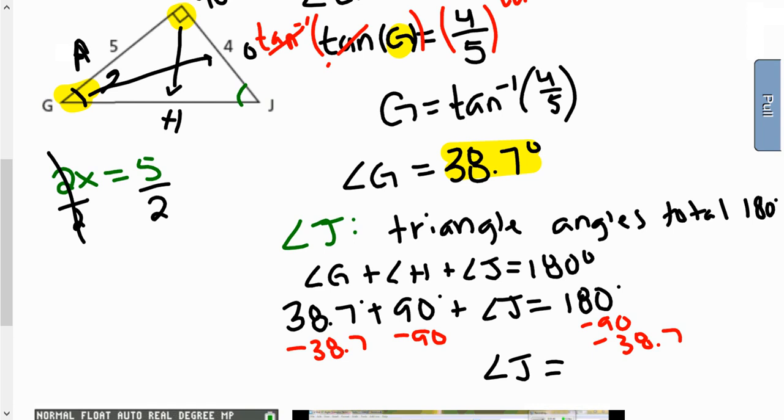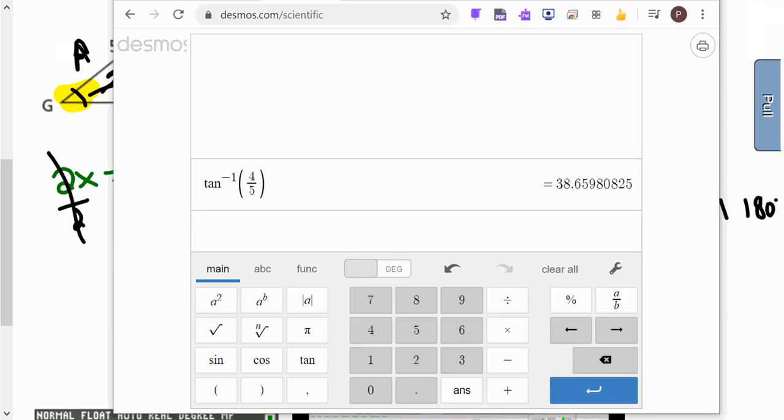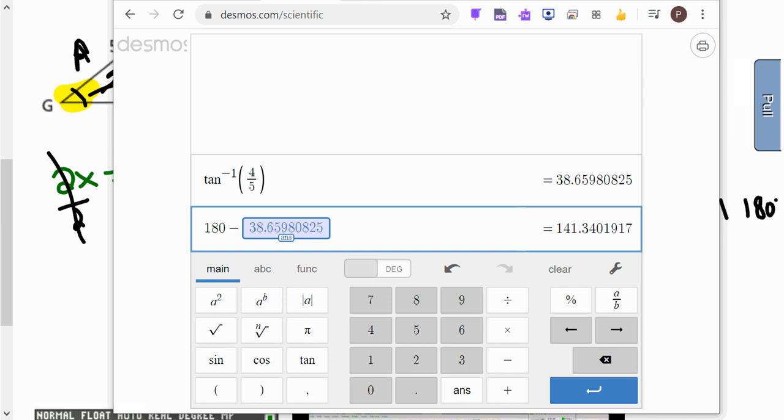So going back to our calculator, ideally we've left this value up here, right, so that I can go 180 minus, and I'm going to select answer, right? So it's not taking the rounded value. We're getting as close to the exact value of G as we can, minus 90.